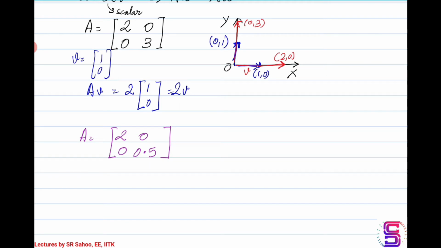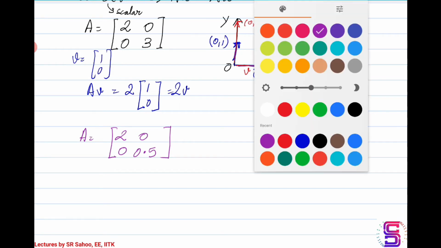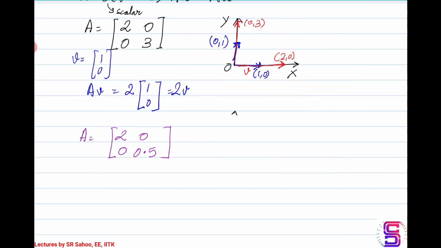Okay, so here again we'll set up the axes, the y-axis and the x-axis, with this as the origin.